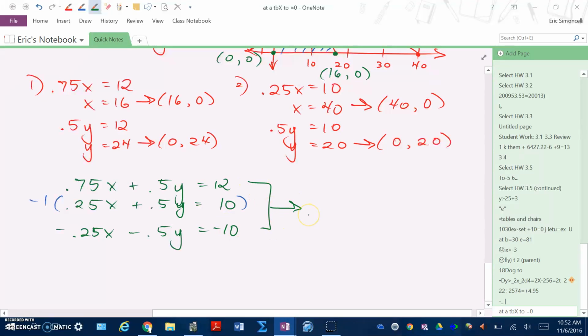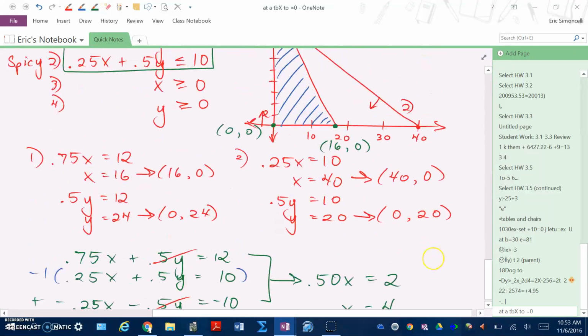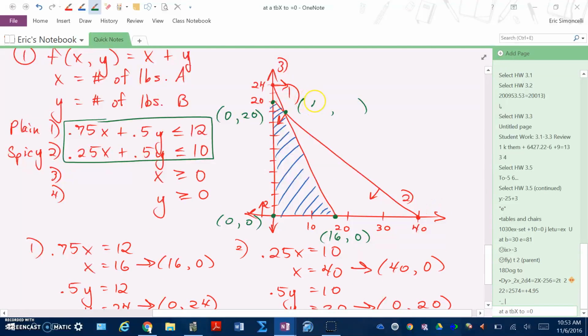If I add these two equations up, the y's are going to be eliminated. 0.75 minus 0.25 ends up being positive 0.5x, and that equals 2. We can divide both sides by 0.5, or multiply by the reciprocal of 0.5, or half, which is 2. Multiplying 2 by 2, we get 4. So the x-coordinate of this particular point here is 4.